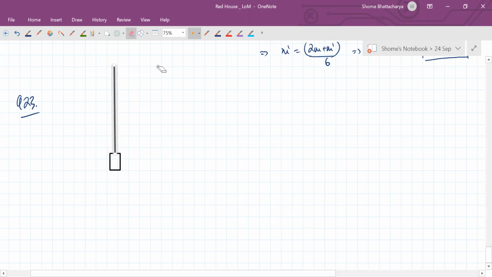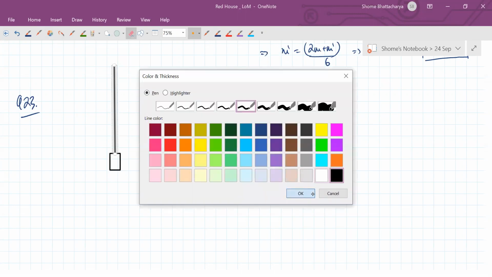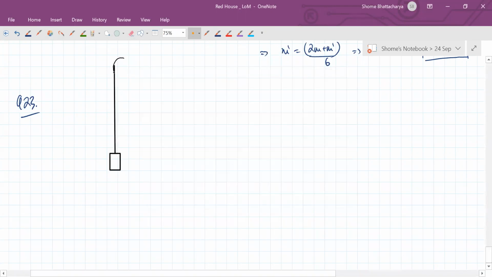Okay, so what is happening is that we have set off the system from rest with the string taut, like this. So this M2 is 600 grams, this M1 is 300 grams.